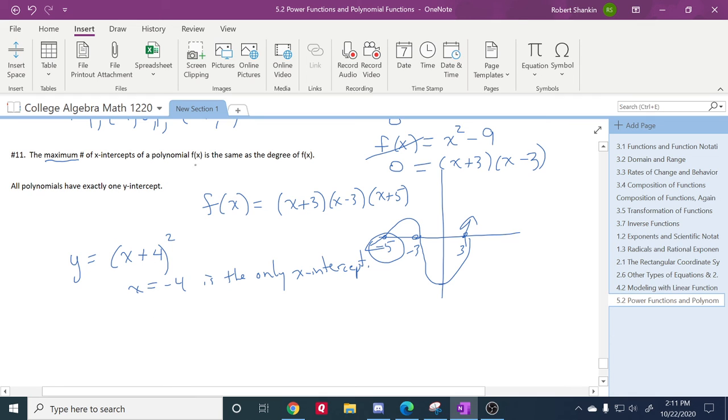So just because it's second degree doesn't mean it has to have 2 x-intercepts.